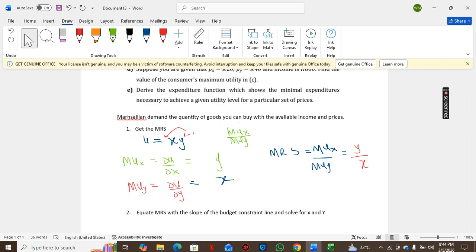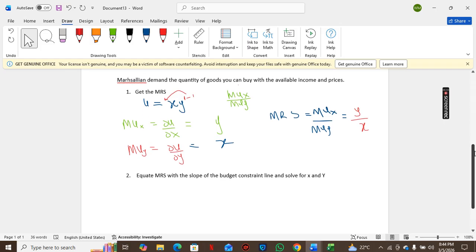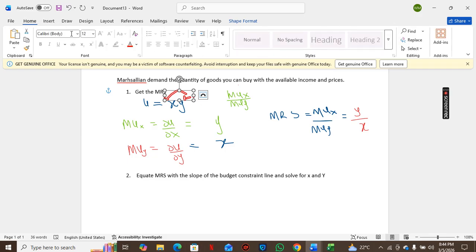So the budget constraint equation. Let me formulate it before we get to the slope. Let me put here in step 1, get MRS and budget constraint equation, because we'll need it later.